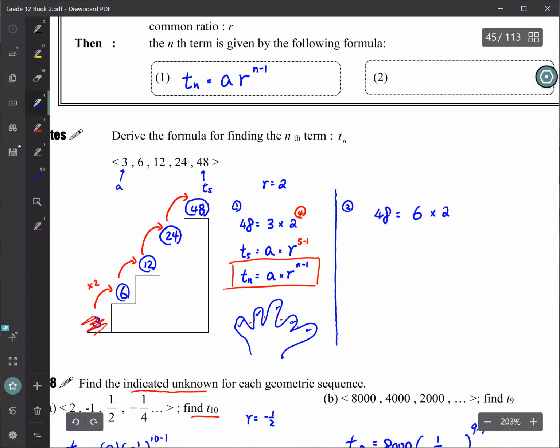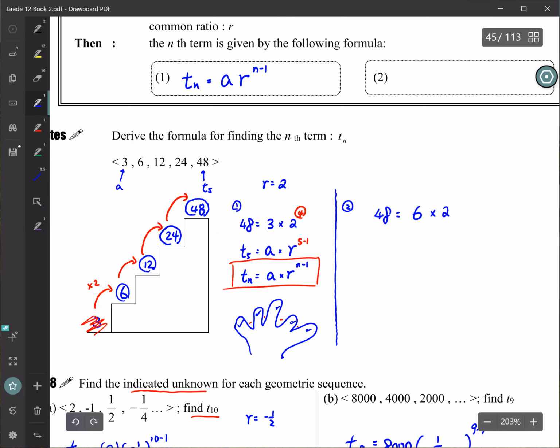And it's important to know what each one represents, so let's write down the meaning over here. The first one, Tn, this whole thing is called the ending term, or final term, it doesn't matter. It doesn't have to be final.